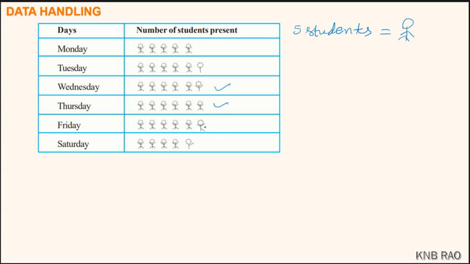On Friday I have 5 full symbols and 1 symbol without only 1 leg, which means 4. So, 25 plus 4, 29 students it would be, whereas on Saturday 4 full figures and 1 figure with only 1 hand, which means 2. So, 20 plus 2, so 22 being there on Saturday.